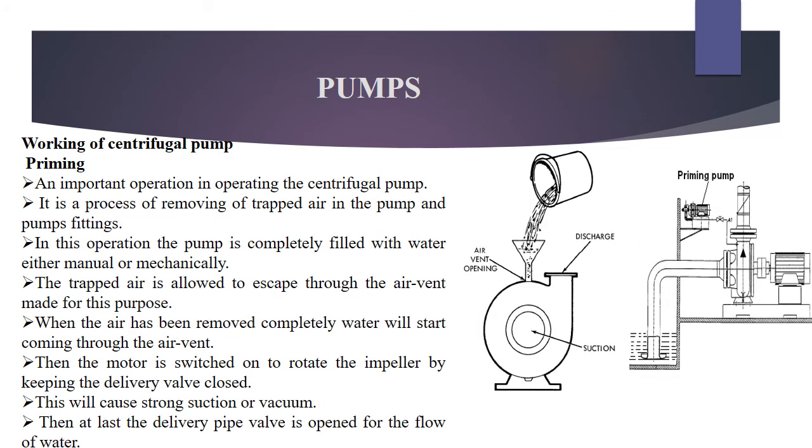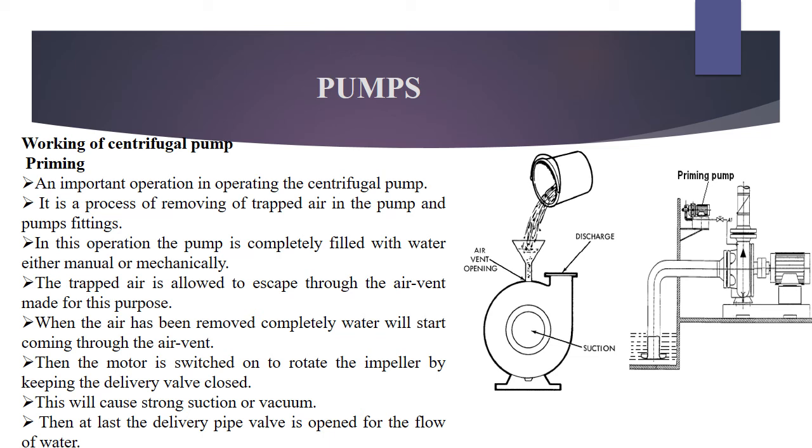Working principle of centrifugal pump, such as priming, an important operation in operating the centrifugal pump. It is a process of removing the trapped air in the pump and pump fittings. In this operation, the pump is completely filled with water, either manually or mechanically. The trapped air is allowed to escape through the air vent made for this purpose.